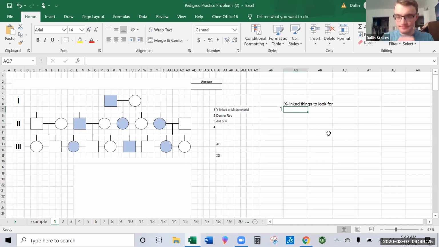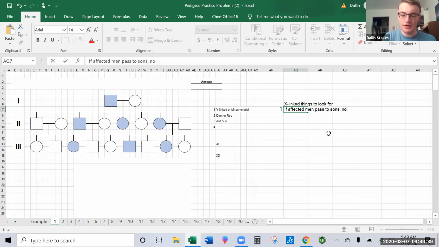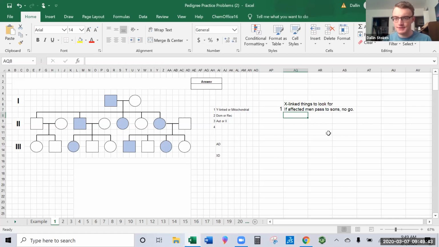Number 1: if affected men pass to sons, no go. Affected men cannot pass it to sons. Number 2, underline this here. Separate all this. Okay, there we go.